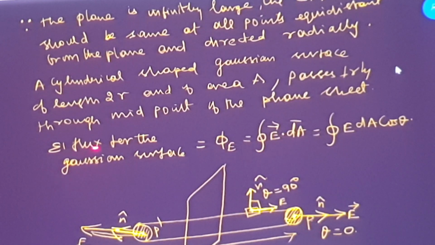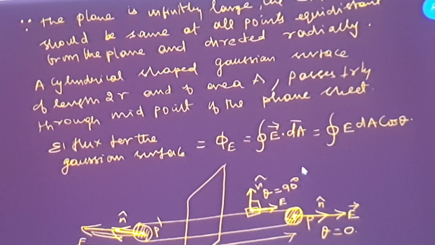Now, the flux for the Gaussian surface, the closed surface in general, can be written as phi E equal to closed integral of E vector dot dA vector, which can be written as E into dA into cos theta.